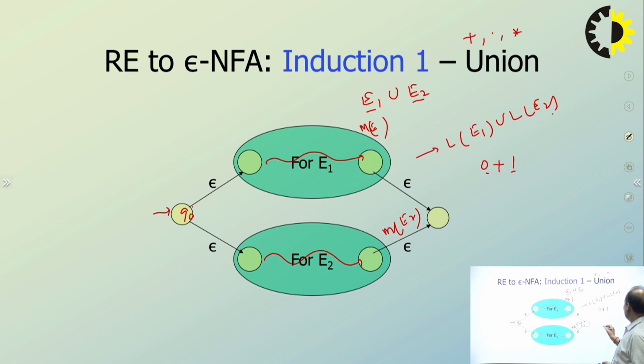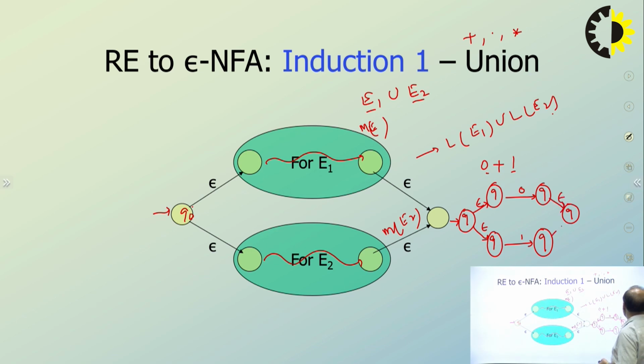We construct a machine accepting 0 and another machine accepting 1. Then make a new starting state and go by epsilon to each machine, and by epsilon from each machine to the new final state. The states are Q1, Q2, Q3, Q4, and this is your final state.